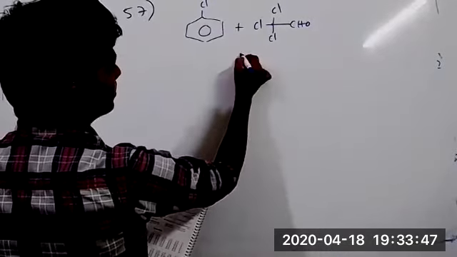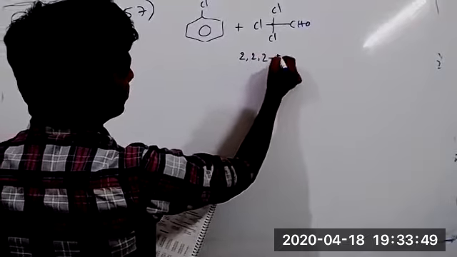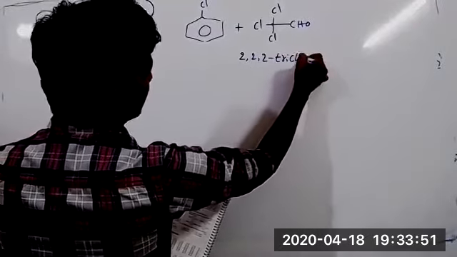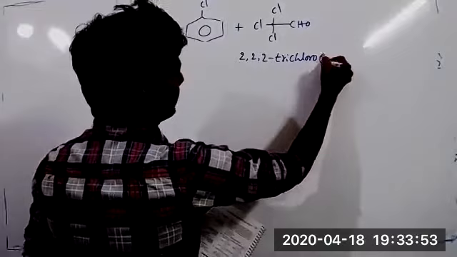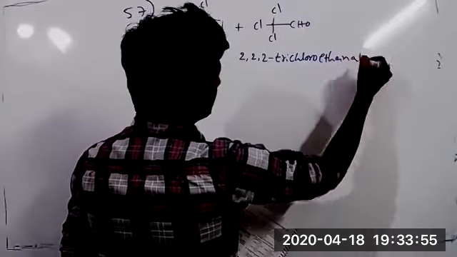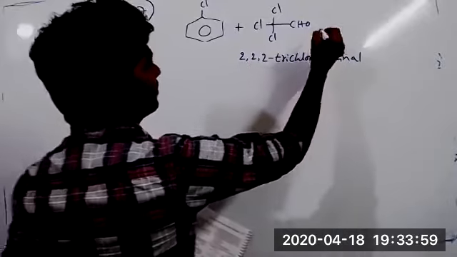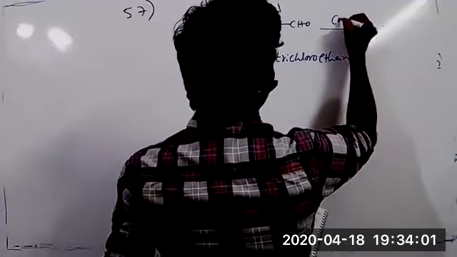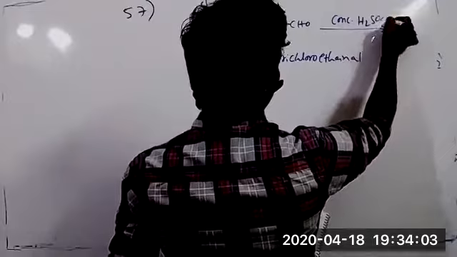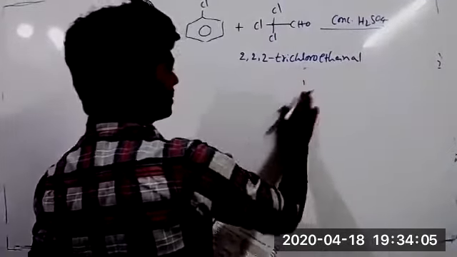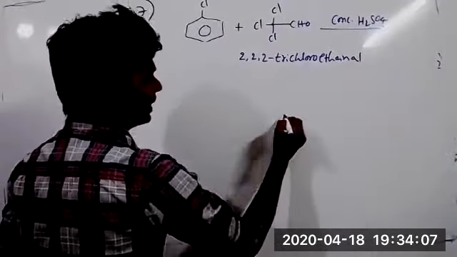The IUPAC name is 2,2,2-trichloroethanol with chloral, in the presence of concentrated H2SO4. The product is DDT.